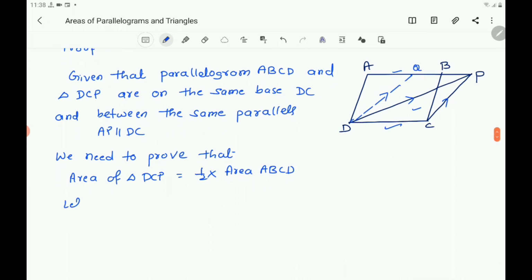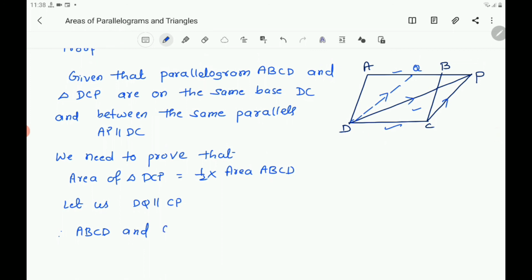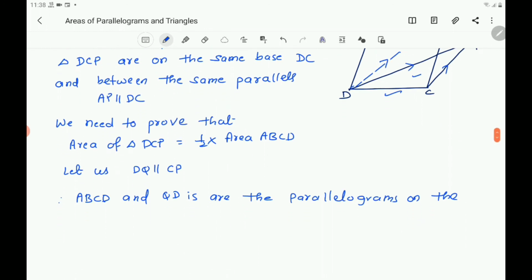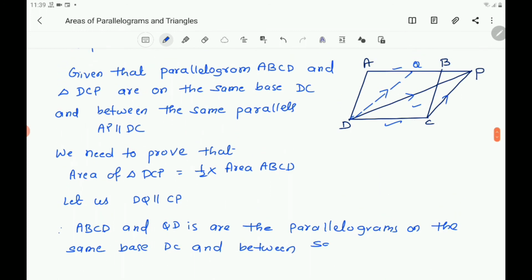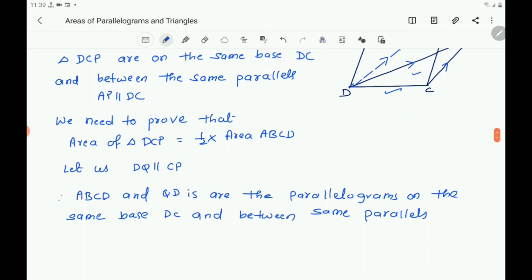Now let us draw DQ parallel to CP. Therefore, you write that ABCD and QDCP are the parallelograms on the same base DC and between the same parallels, AP parallel to DC.